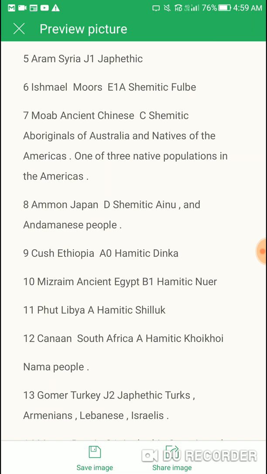I also use the word Moors for them, and that's the proper title for them, because many of these Fulbe people, at a high population, are in this Mauritania, Mali region.